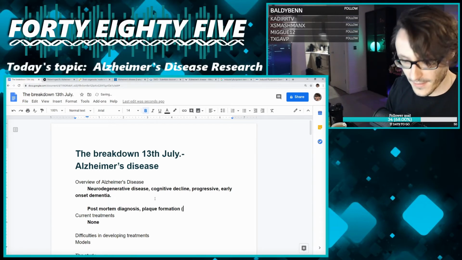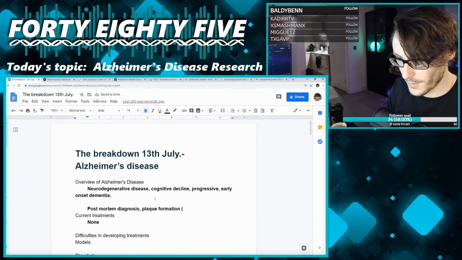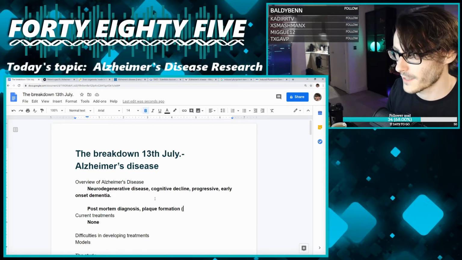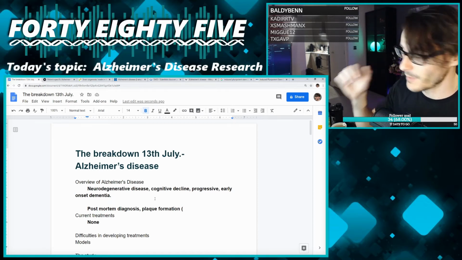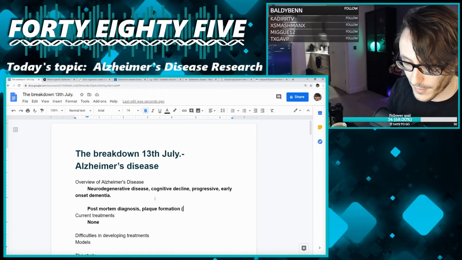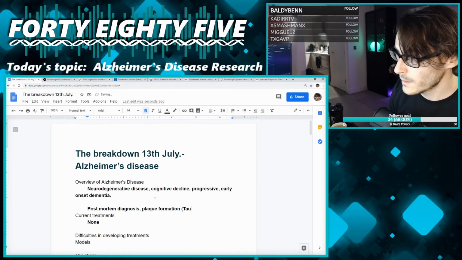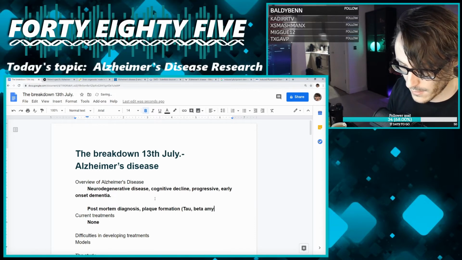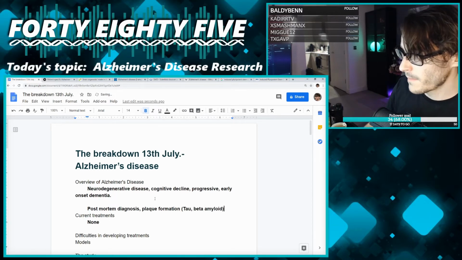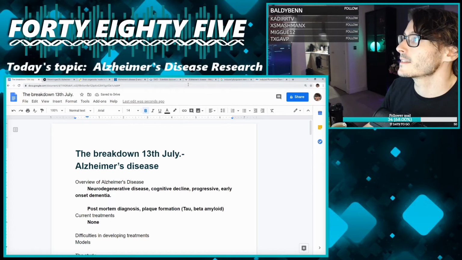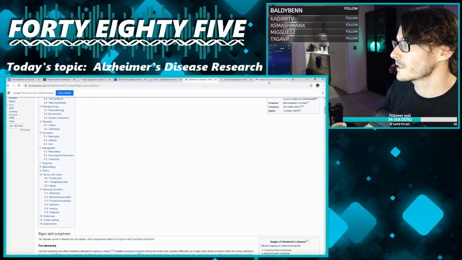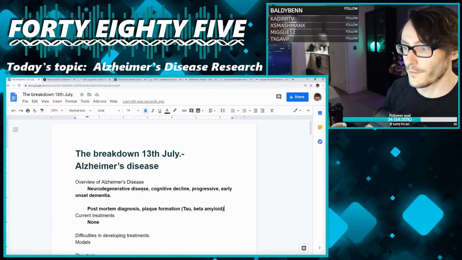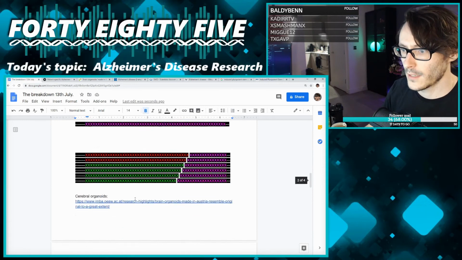And these plaques, generally, they're formed out of two proteins. There are a couple of hypotheses as to which ones are more important, but two general types of plaque are seen in Alzheimer's disease patients. These are plaques of a protein called tau, and another one called beta amyloid. And the paper that we're actually going to be looking at is one that is going to focus on beta amyloid, I think.